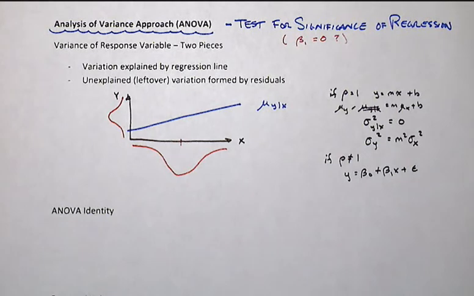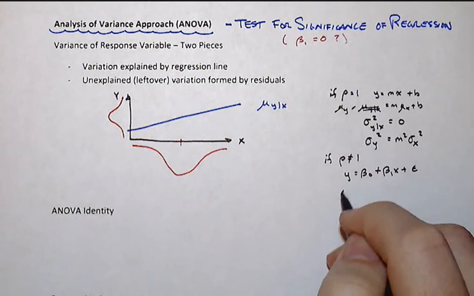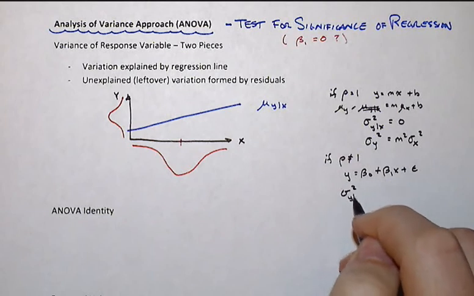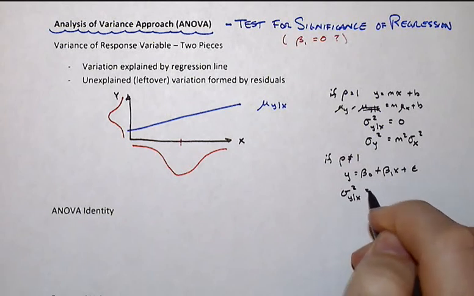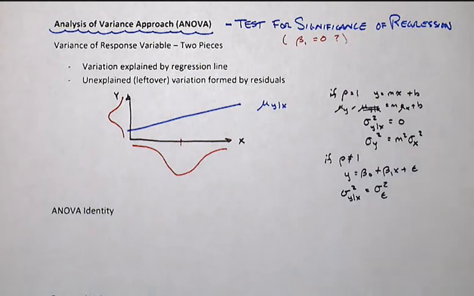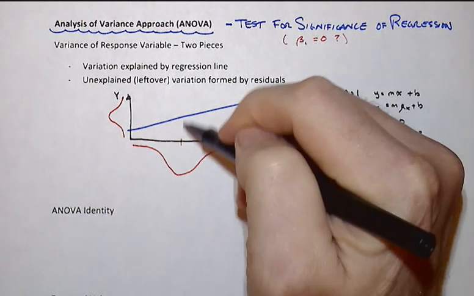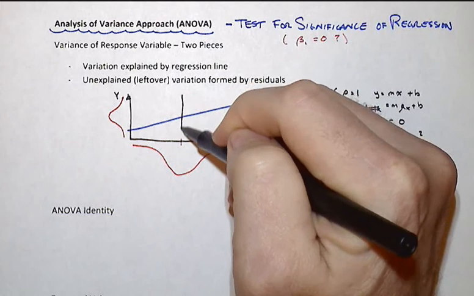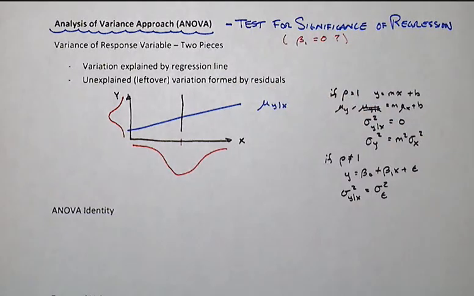In that case, our conditional variance of y given x is going to be the error variation.